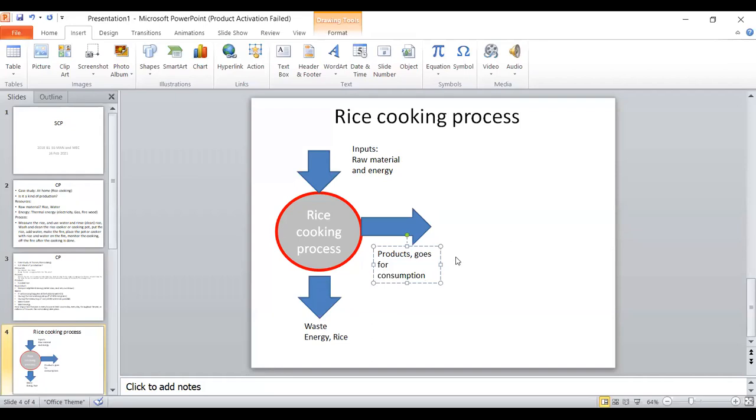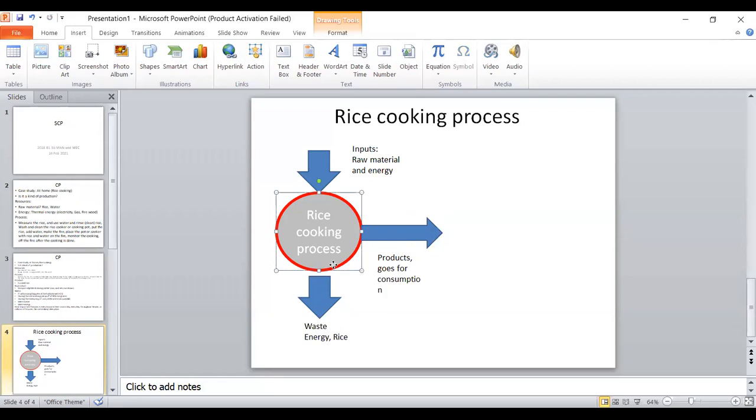In industries, this goes out. But in our case, we are not sending this out for other consumers. We do consumption.